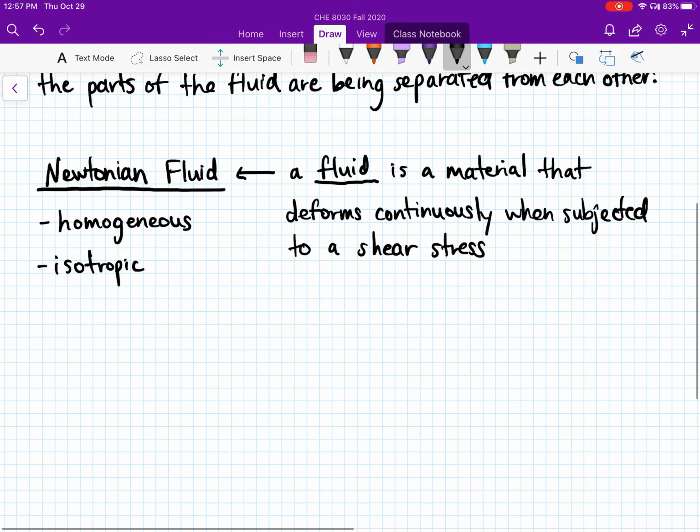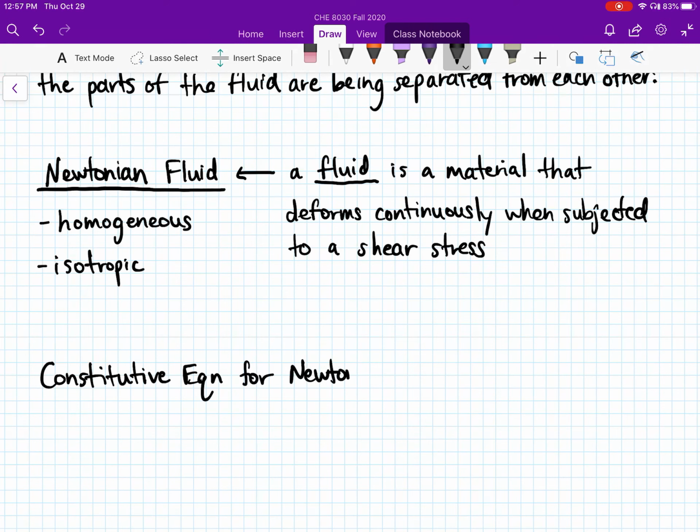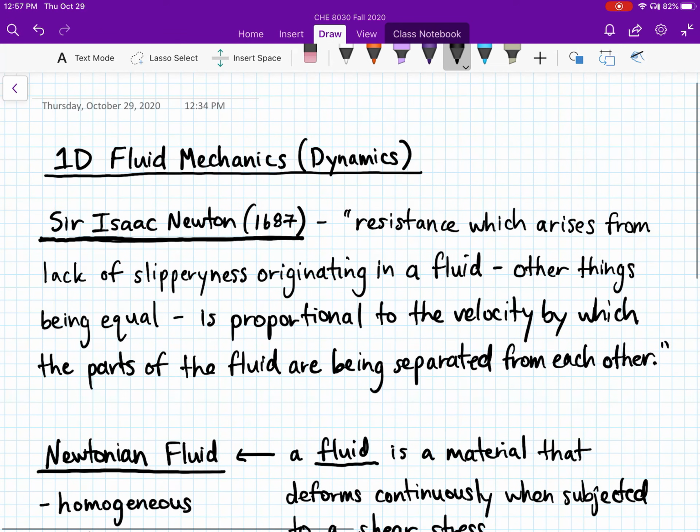We can write the constitutive equation for a Newtonian fluid. And if you're wondering where we are, this is in chapter 6 of Dean.